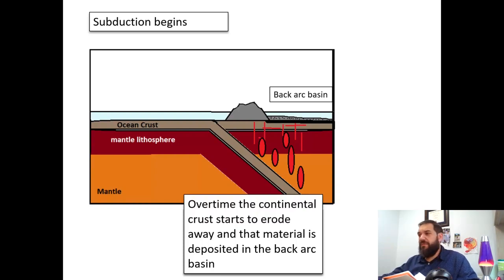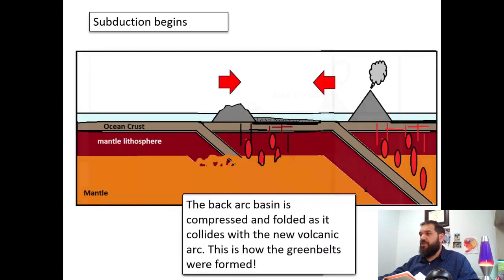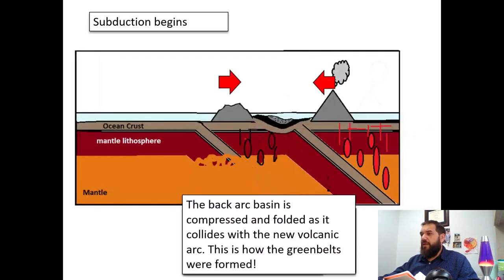That makes a marine sedimentary rock. And then eventually that collides in a new subduction zone, and it creates that synclinal bowl shape, right, as subduction continues. And that's how we get these beautiful greenstone belts. So that's what we think.